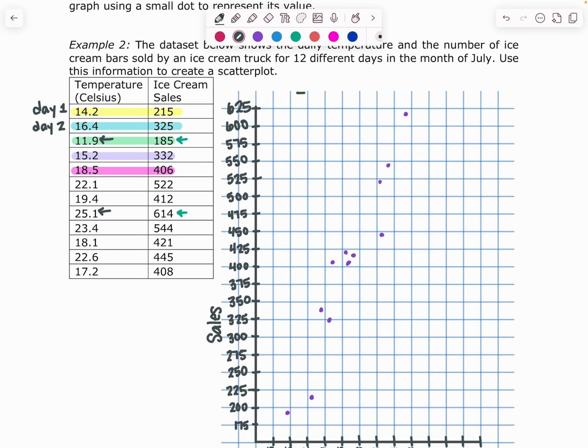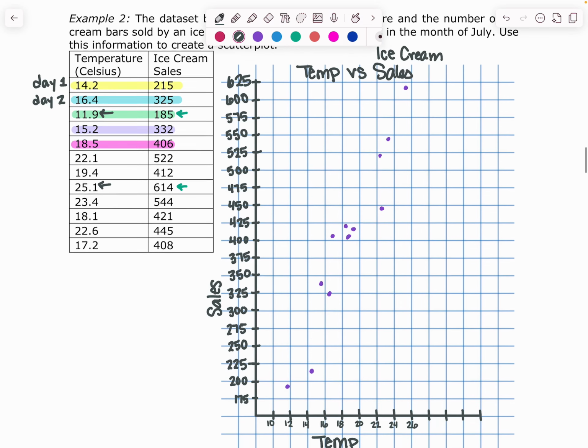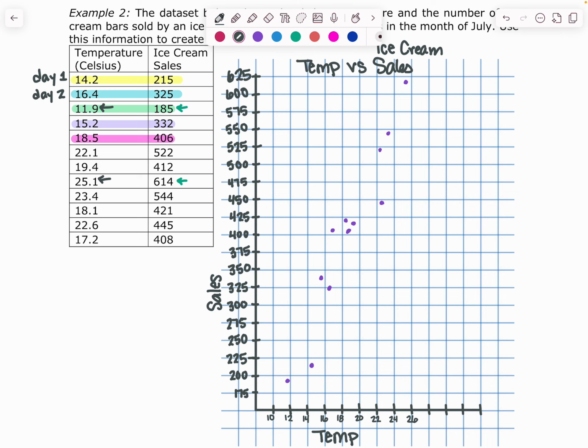I need a title. It doesn't have to be flashy, but I should have a little more detail, however. These are ice cream sales. And now my scatter plot is complete: temperature, sales, and a title.